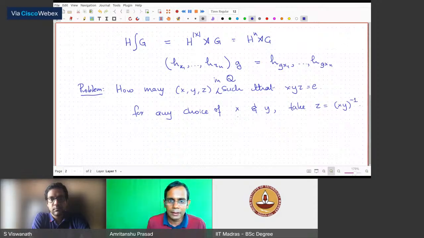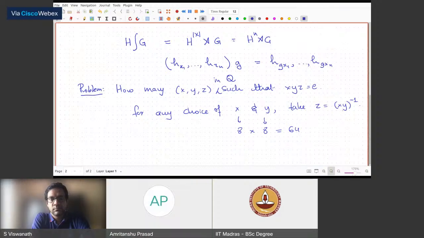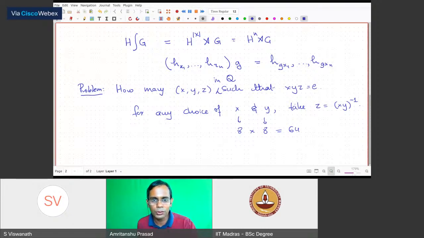So there are 8 choices here, 8 choices here, so 8 into 8, 64 choices. And for each choice of x and y there is exactly one z, so there are exactly 64 triples x, y, z such that xyz is the identity in the group Q.